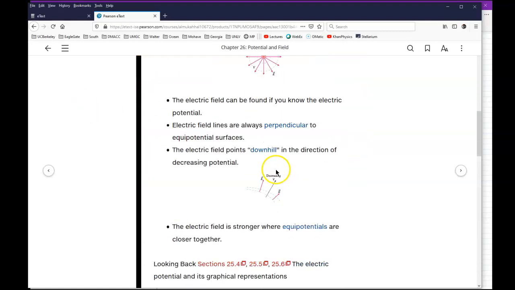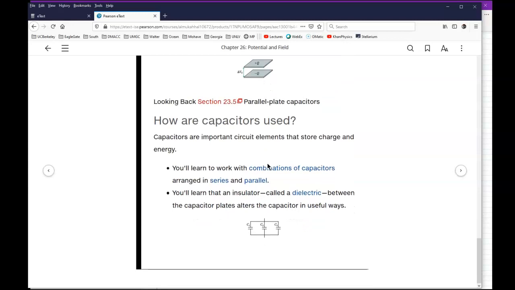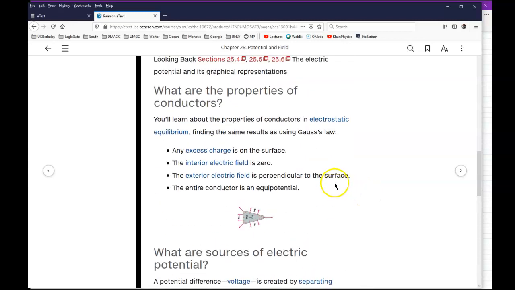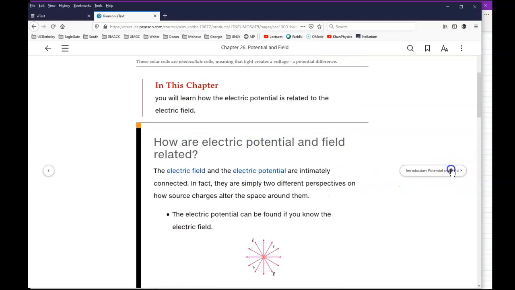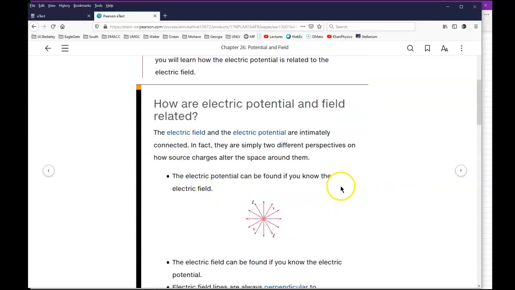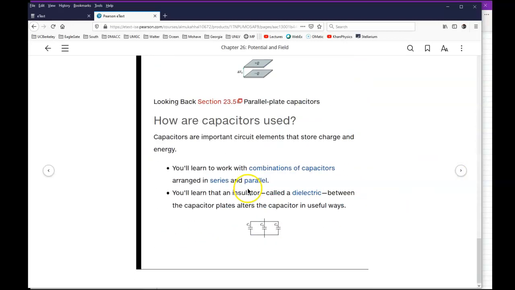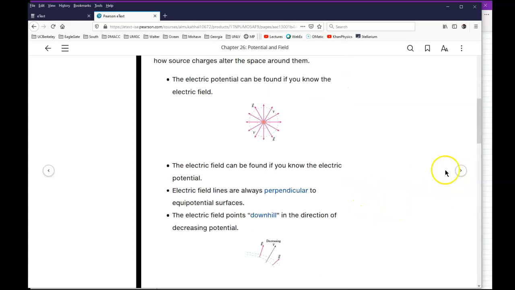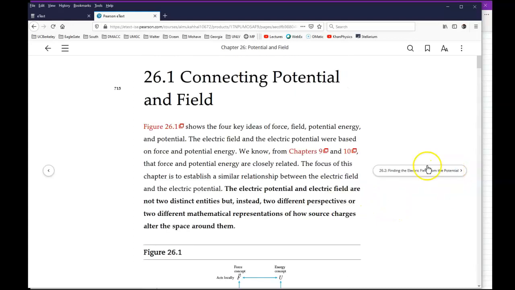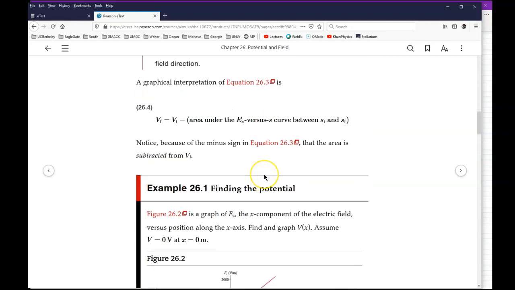It should be down here somewhere. Oh, really? It's not here. Section 1 is probably next. There we go. There it is right here.